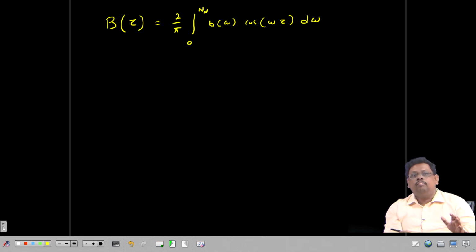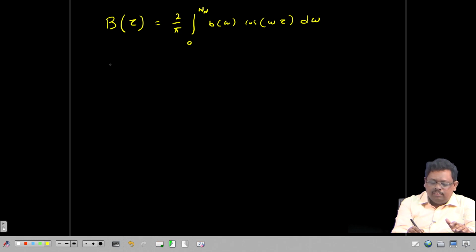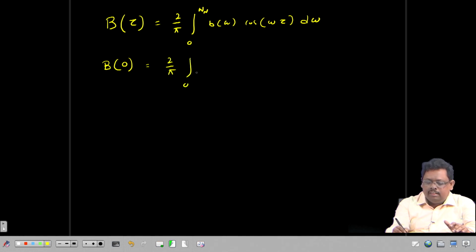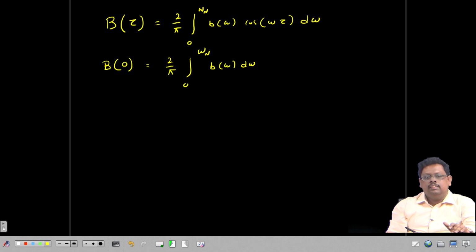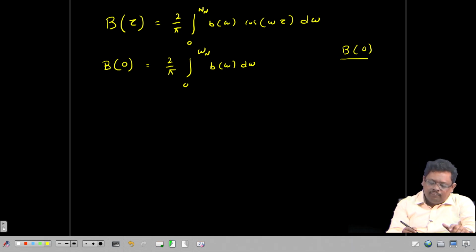Then what do we do? Separately we calculate at tau equal to 0. So I calculate b 0, which is 2 by pi, integral from 0 to omega n of b omega into d omega. So we can get this b of 0, right. Then I need to calculate b at some tau, b tau.